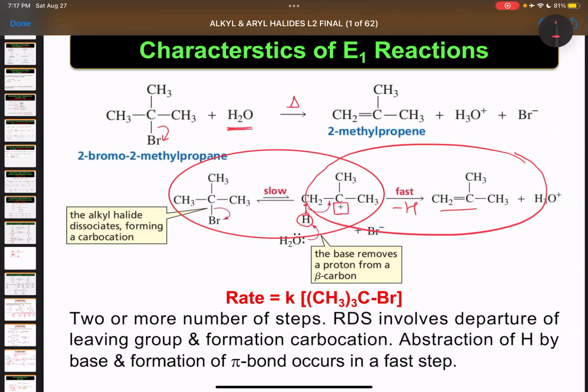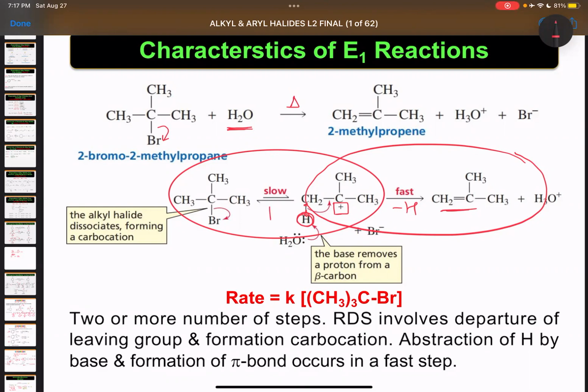But if you are doing a substitution reaction, some nucleophile comes in and joins to that carbocation, and the final answer is written. But if you have heat present, the H plus is also removed from the carbon atom adjacent to the carbocation, and this leads to the formation of a double bond.